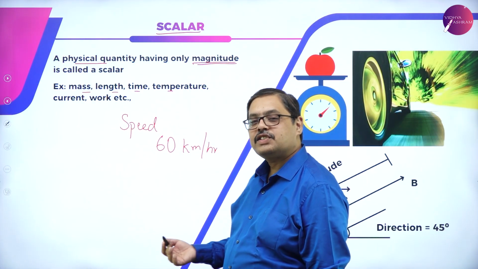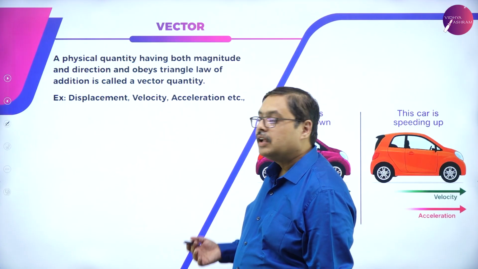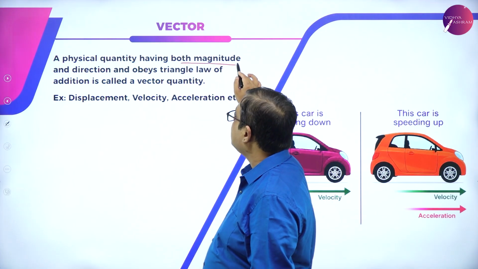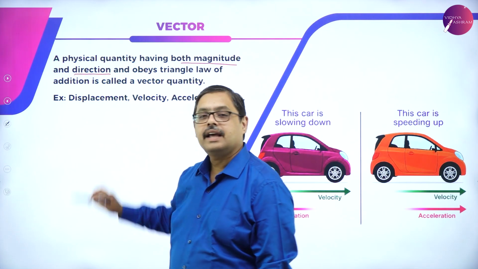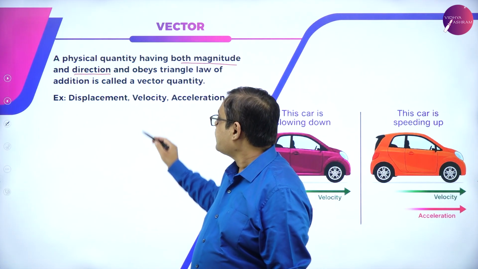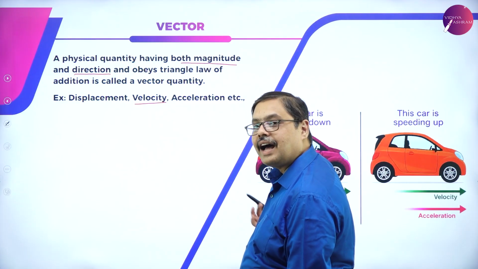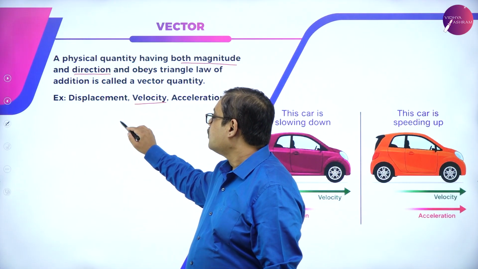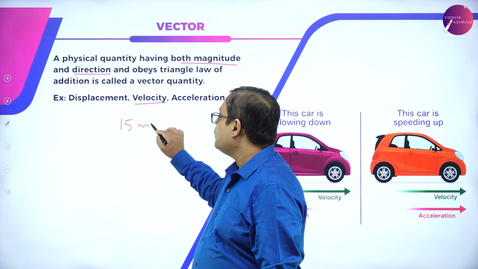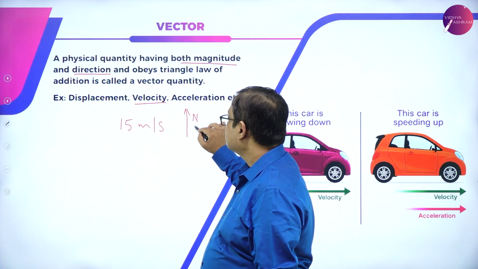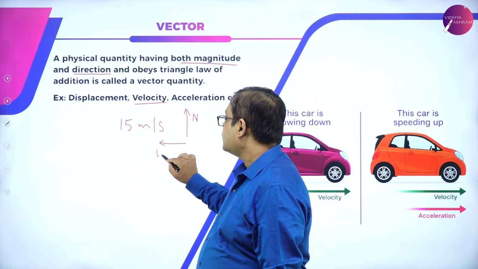Okay? Let us now have a look at what are vectors. Vectors are those physical quantities which have both magnitude as well as direction. What is the example? Take for example velocity. What is the velocity of the car that is being driven? Say the velocity is 15 meters per second in the north direction or in the west direction.